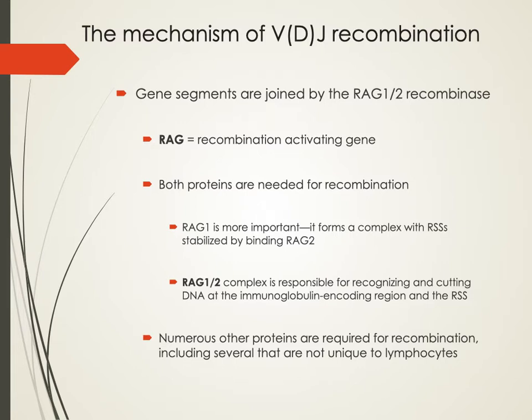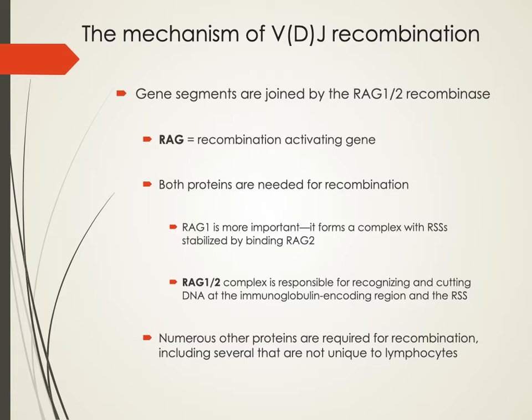So the enzyme that's responsible for the splicing is RAG1 or RAG2. This is a recombinase, so it's an enzyme that's responsible for recombining the genome. RAG stands for recombination activation gene, and both RAG1 and RAG2 are needed in order for recombination to happen.